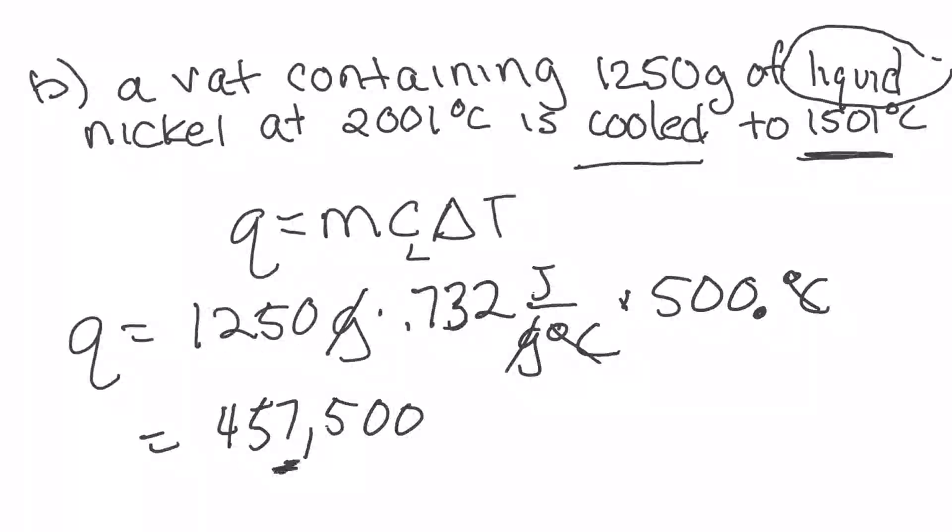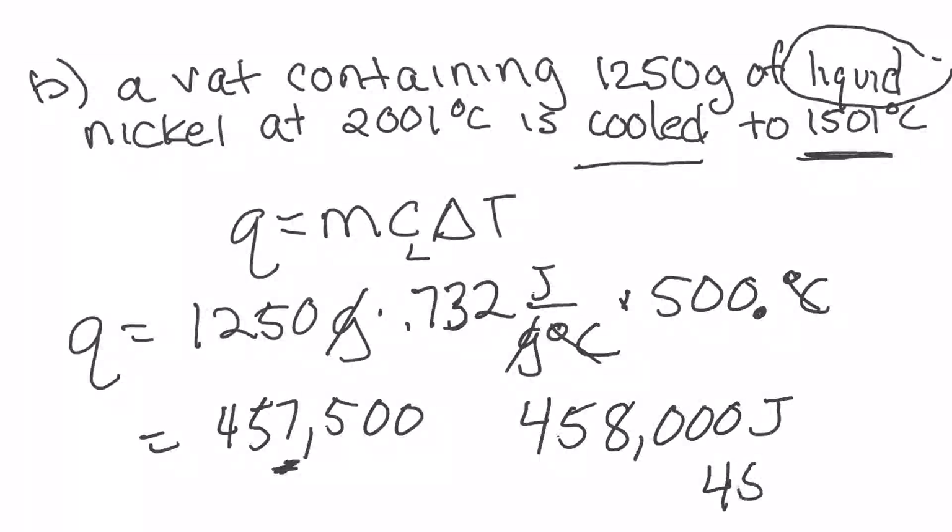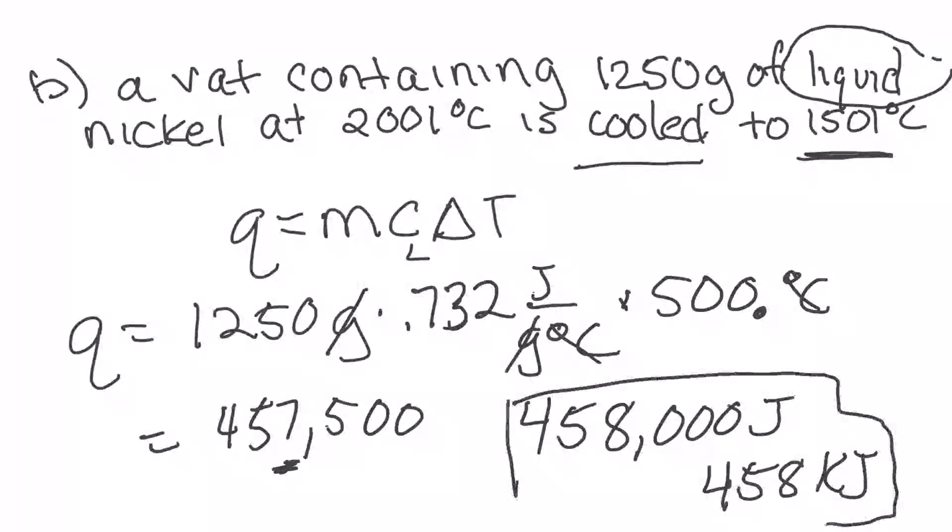I've got to stop here. So I get 458,000 joules, rounding up. And that also converts to 458 kilojoules. So either of these two would be correct if the problem doesn't specify what your final unit has to be. It could be either in joules or kilojoules from that problem.